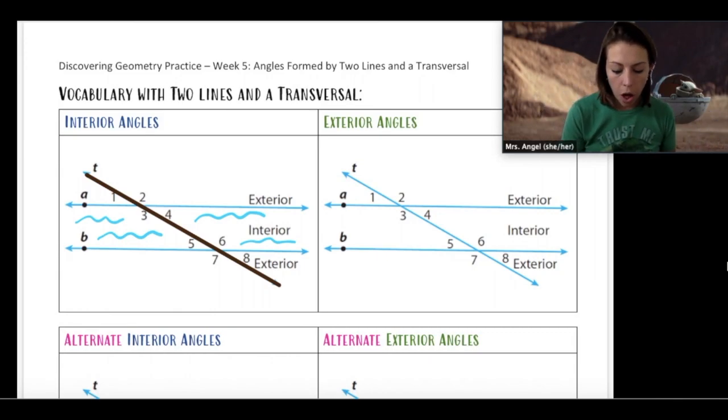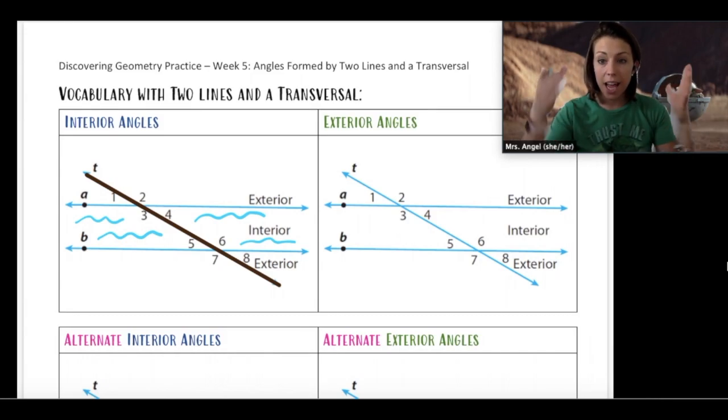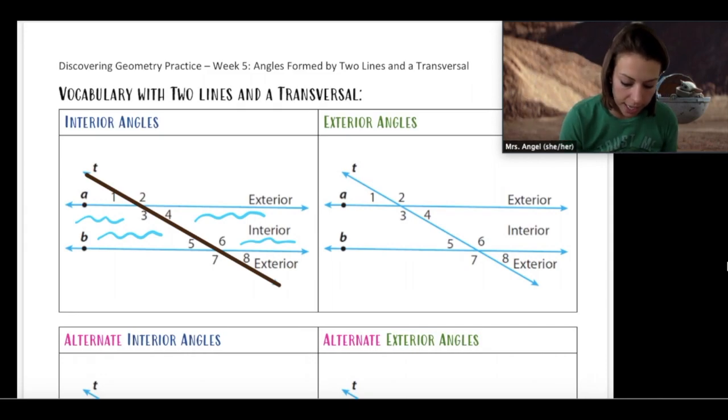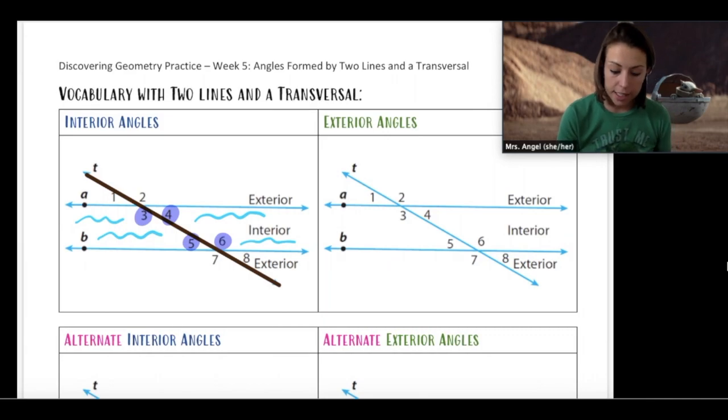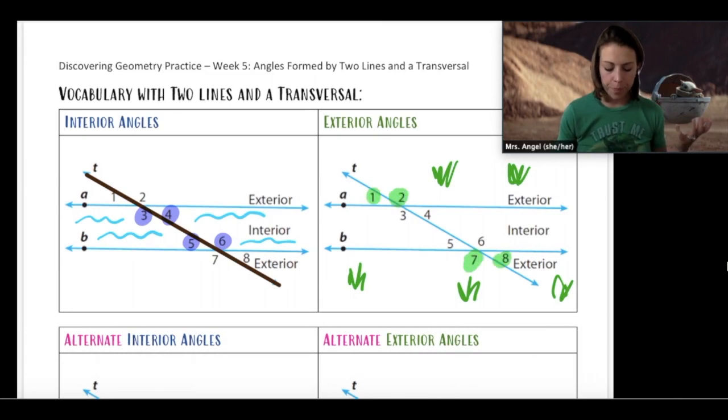If we recall from our previous lessons, the interior angles are all of the angles that are inside the river. In this case, it would be angles 3, 4, 5, and 6. And all of the exterior angles would be on your riverbank, where you've got your grass and your trees and stuff like that. So those are all of your angles on the exterior. In this case, that would be angles 1, 2, 7, and 8.